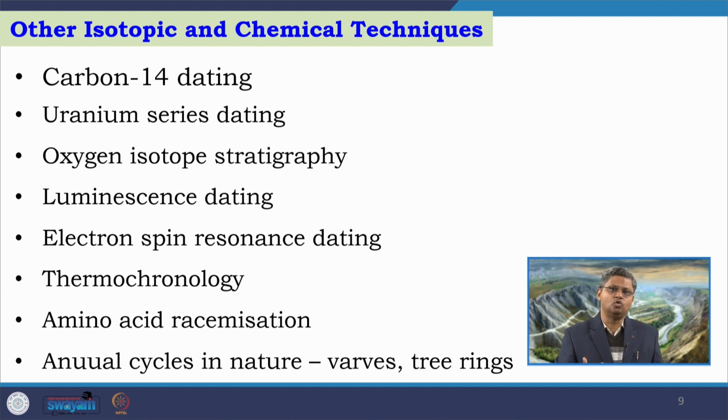These are different tools which can give us certain ideas, with certain limitations and restrictions, about the age of the sedimentary rock, and based on the type of material, the nature of preservation and the age that we want to determine, we can use any of these techniques as well. But in this course and particularly in this class, we do not have that much scope of going into that detail, because we have to continue our discussion on sequence stratigraphy.